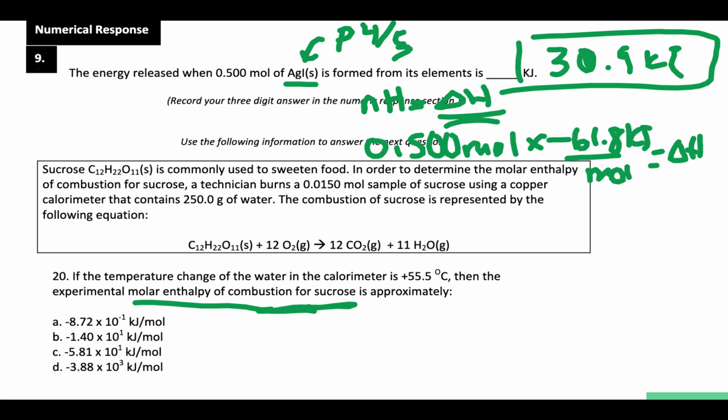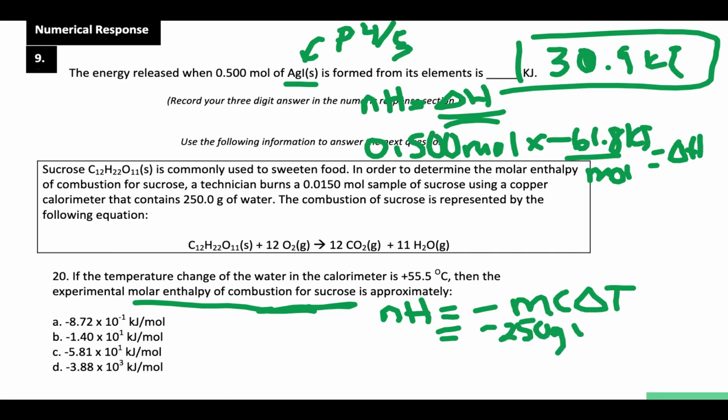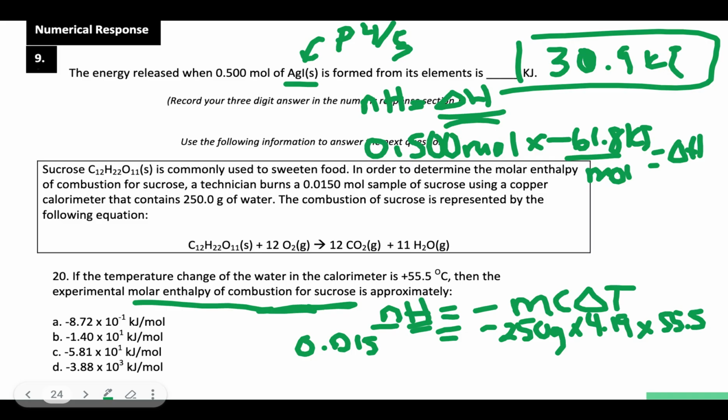So we would look at this, and this is an nH equals negative mC delta T question. So the part about water, we have negative 250 grams. We know the specific heat capacity of water, and your temperature change was given 55.5. We are solving for H, and you know the amount of moles that was reacting was 0.015.